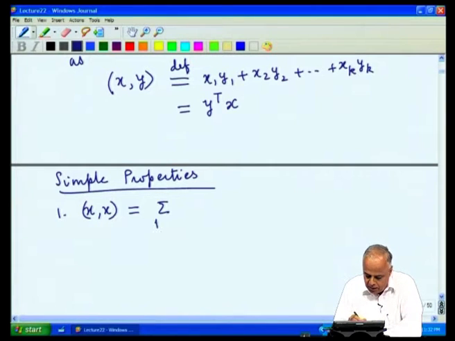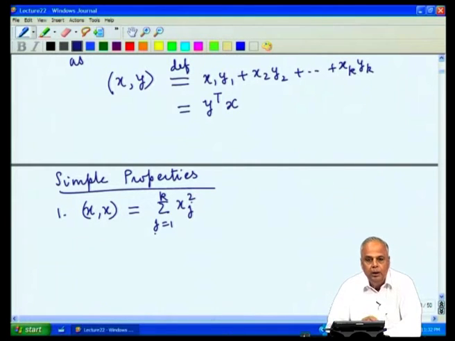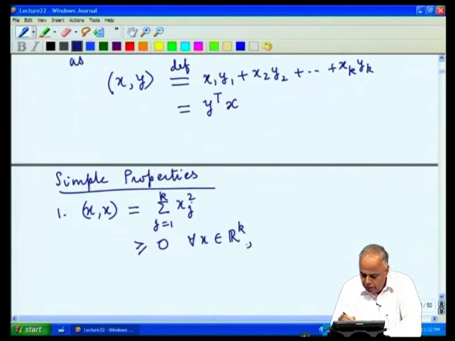So, we will simply write it as sum over j equal to 1 to k of x j squared, and therefore, this being the sum of non-negative quantities, this will be always greater than or equal to 0, and when will that become 0?